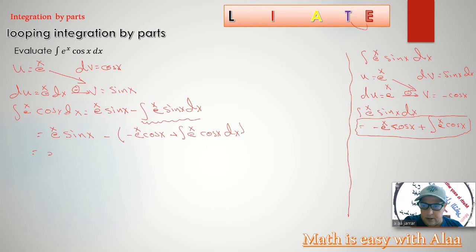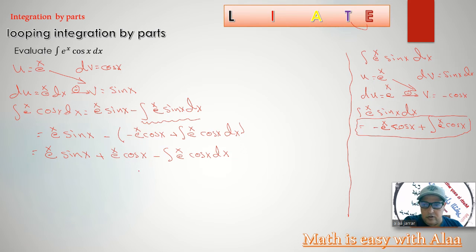Now remove the brackets. Minus with minus will be plus e^x cosine x minus the integral of e^x cosine x dx.